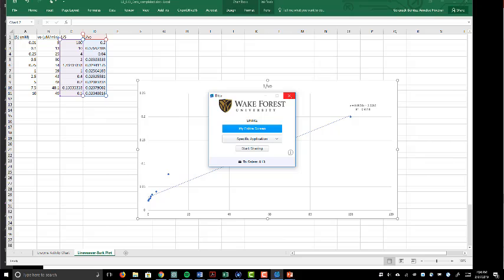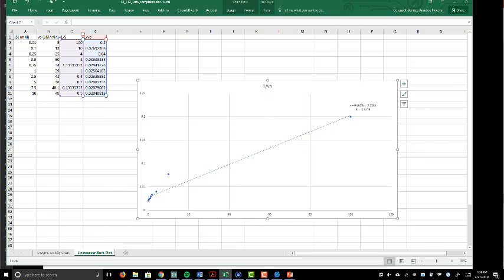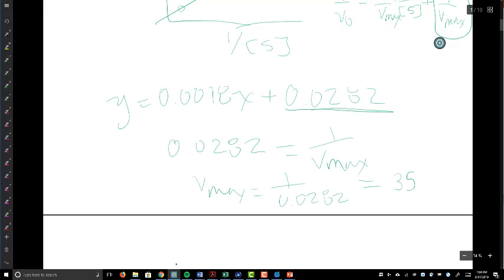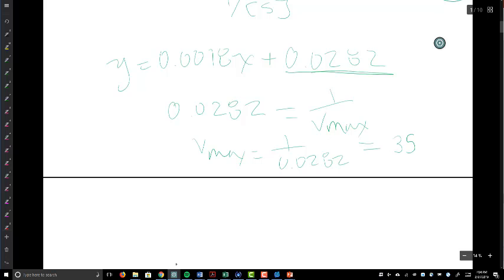Okay, there we go. All right, so if we can solve for b, then once we have b, we can solve for Vmax. Once we have Vmax, we can solve for Km. And so we know that our m, what's our m equal to, Noah? Yep, so 0.0018.